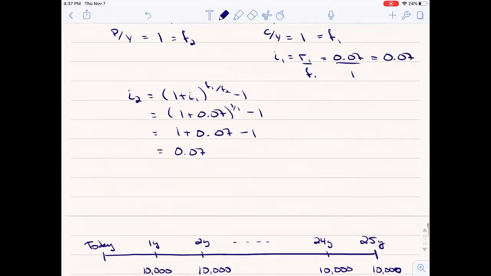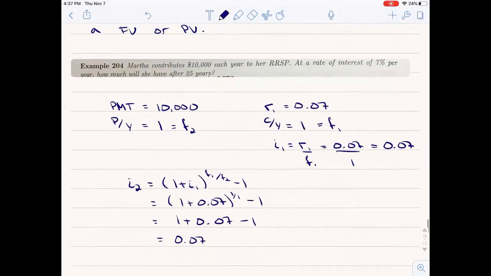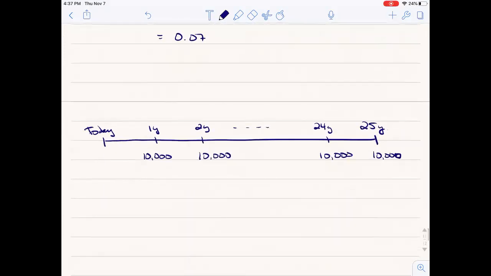The question asked, how much will she have after 25 years? So we need to find what all this is as a future value, collecting all these payments. Like I said, you could have drawn out all 25 ticks, put 10,000 below each of them, drawn 25 arrows and calculated 25 future values.